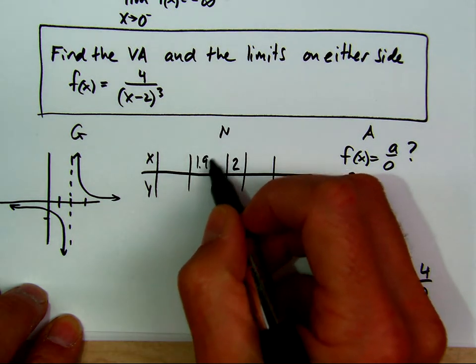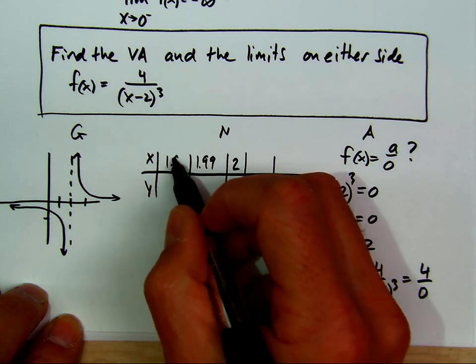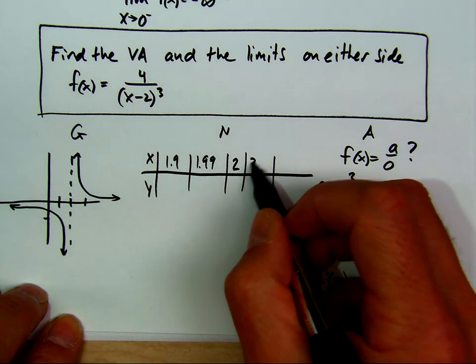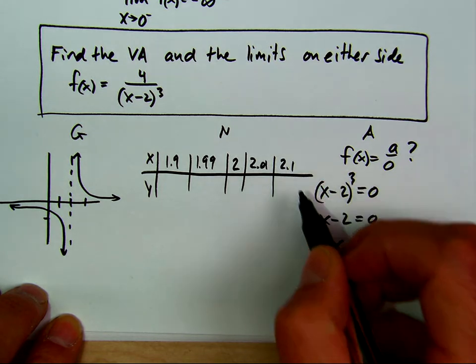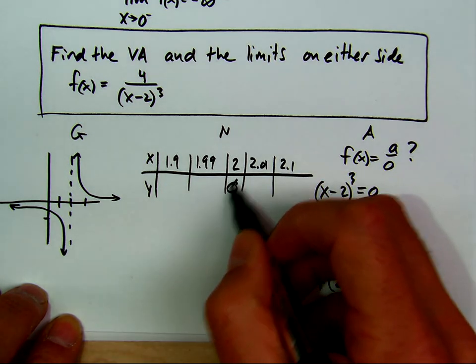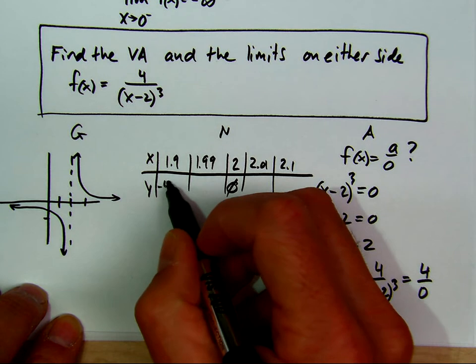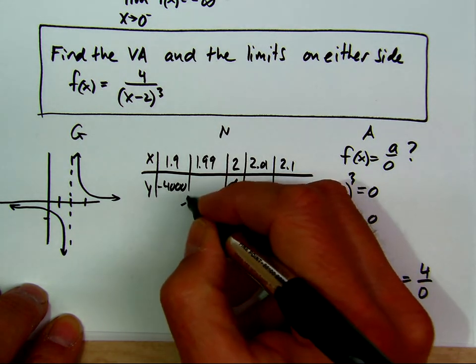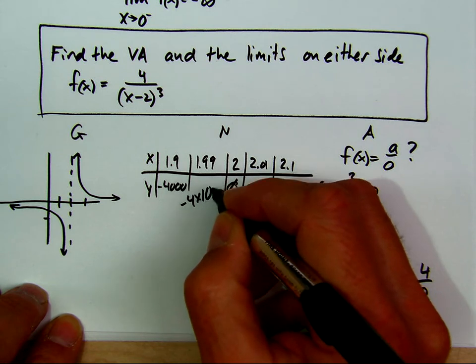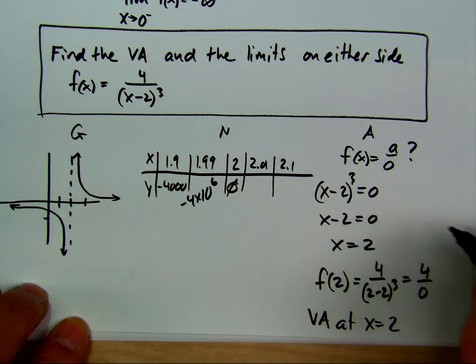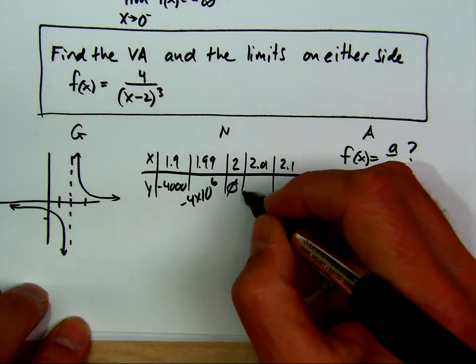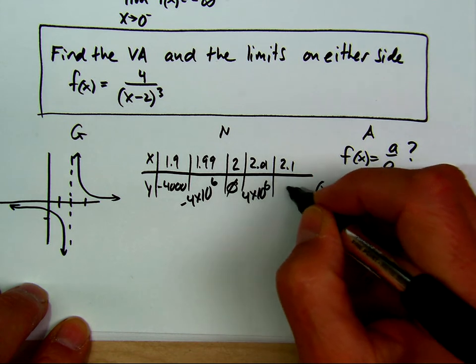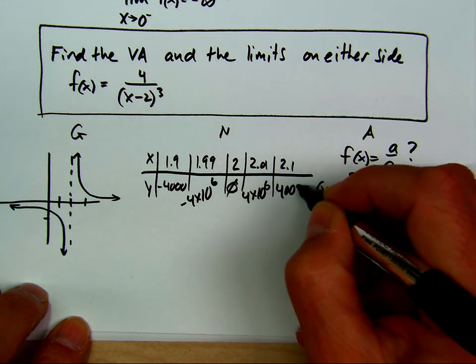Let's get points close to 2 from the left, from the right. And we know that that is undefined. Negative 4,000. This is negative 4 times 10 to the 6th. 4 times 10 to the 6th, 4,000.